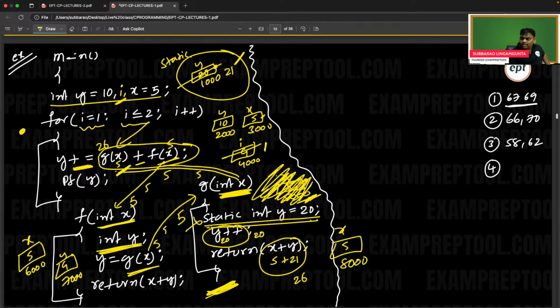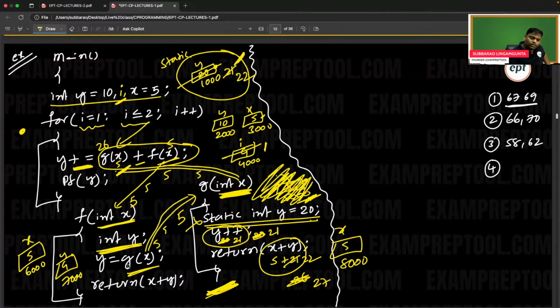Now the static variable, memory is already available. Now y plus plus, y is previously 21. 21 plus plus is 21 only. After this line is over, it became 22. Now return 5 plus, x value 5, 5 plus 22. It became 27. The 27 will go to the place from which you came.